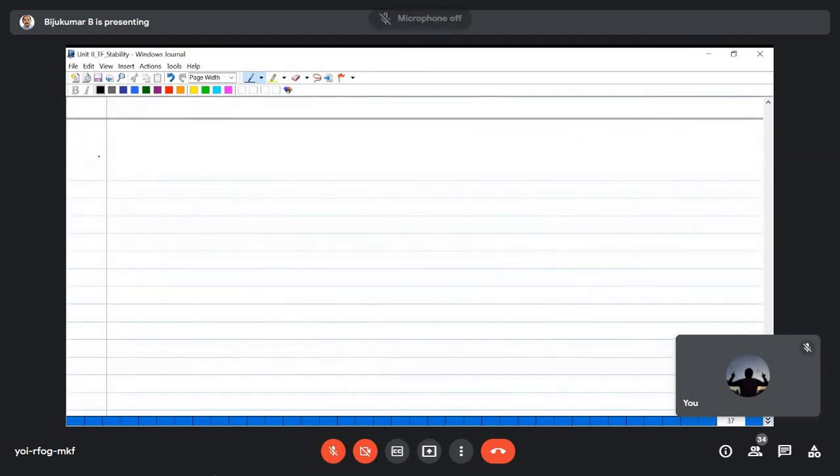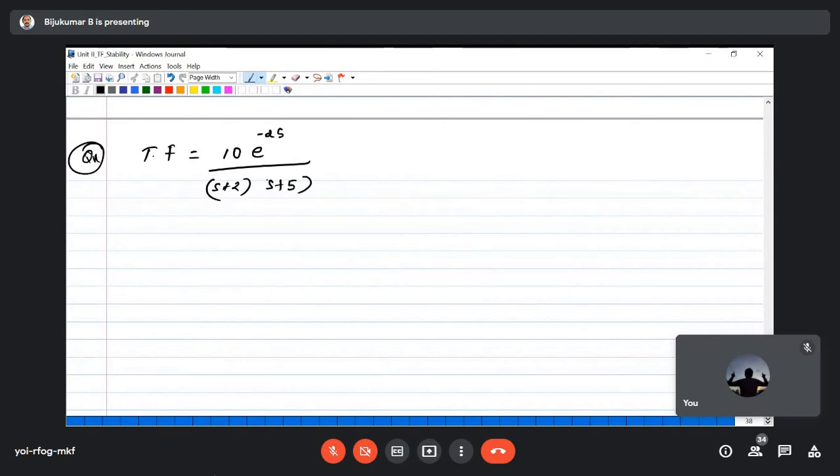So if we take another problem, I have a transfer function T f is equal to 10 e power minus 2s divided by (s plus 2)(s plus 5), and find the response of the system.